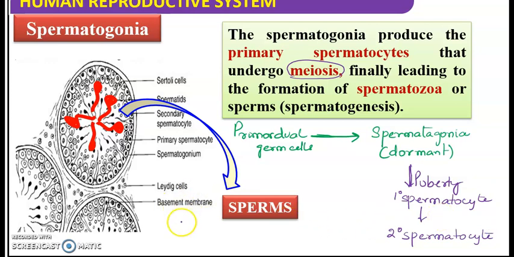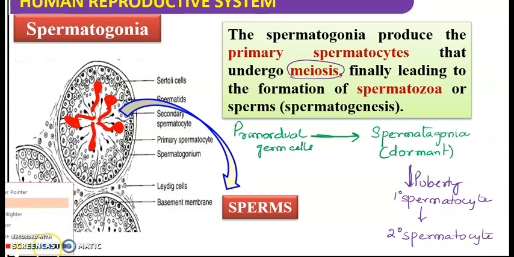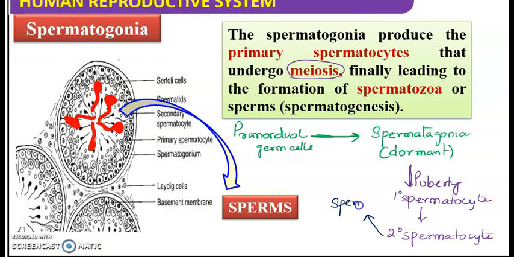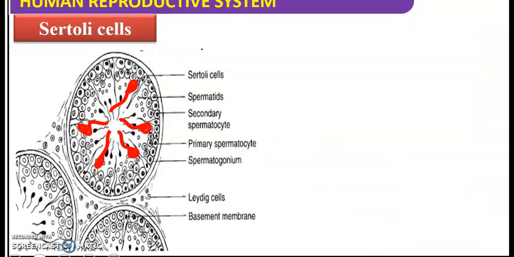This secondary spermatocyte further develops into spermatids, and spermatids will finally develop into sperms. So this is the process of spermatogenesis, which starts with the spermatogonia. So the spermatogonia are the main gamete producing cells.